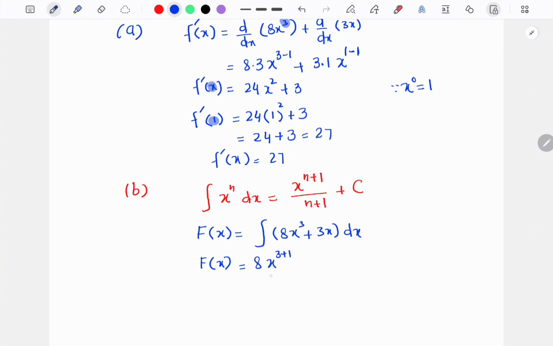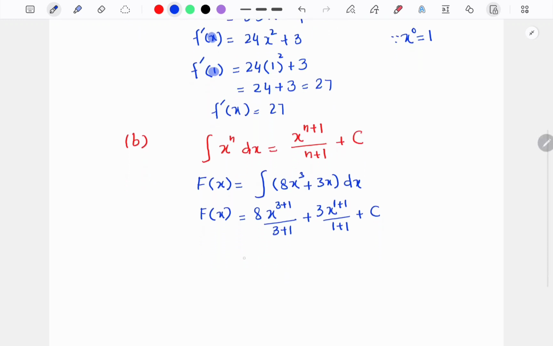In integration we increase the power by 1 by adding 1, and then divide by the same thing, plus 3x to the power 1. We add one more, and it will become 1 plus 1. Now here it is c, which is the constant of integration.